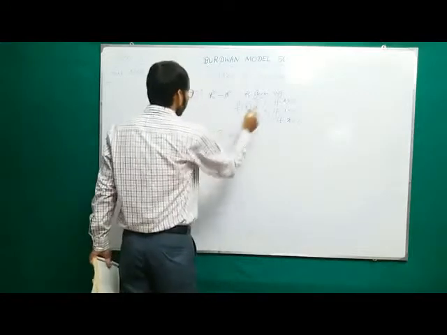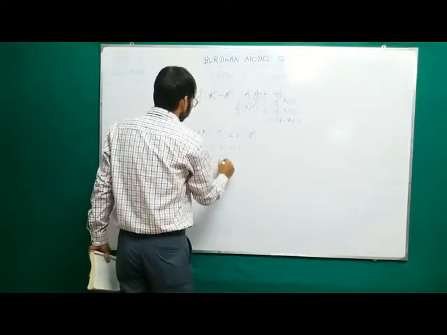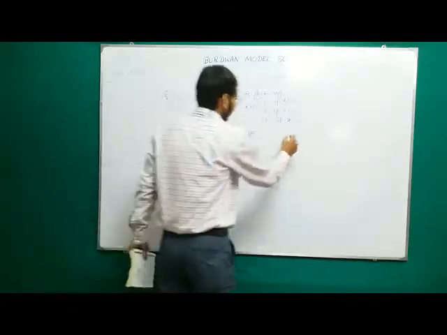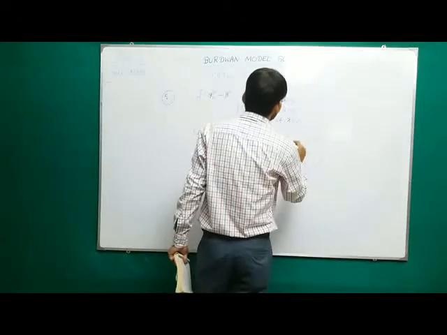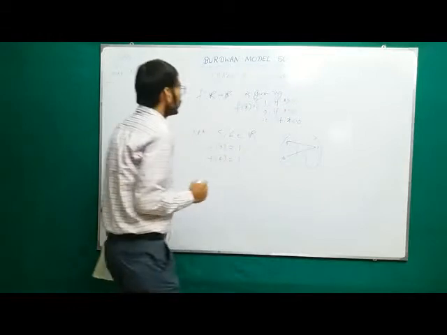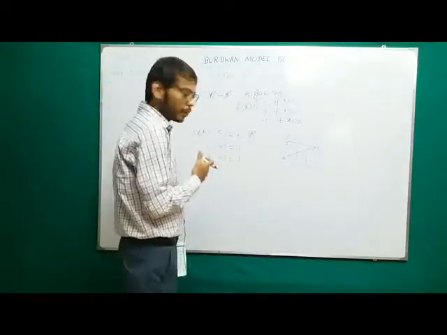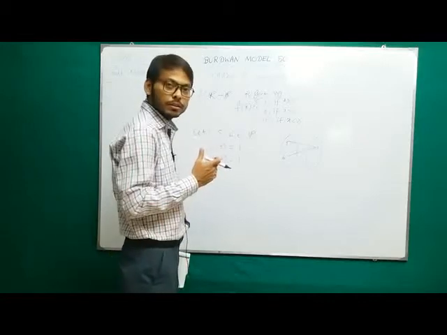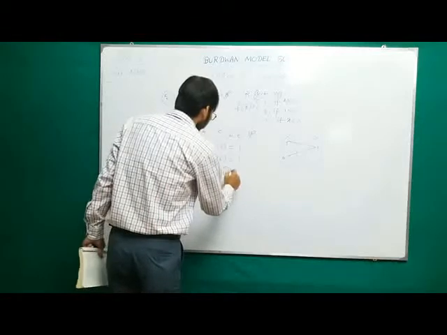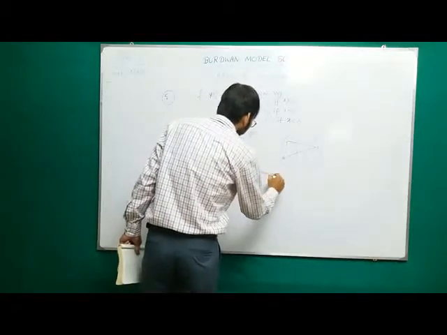From the definition, f of 5 goes to 1, f of 6 also. So 5 and 6 both go to 1. Is it a one-to-one mapping? No, it is a many-to-one mapping, not one-to-one.